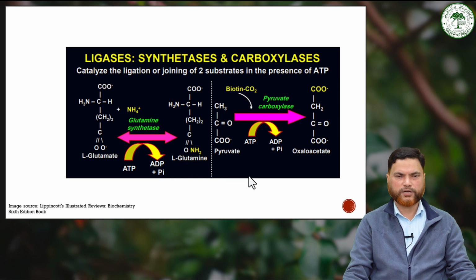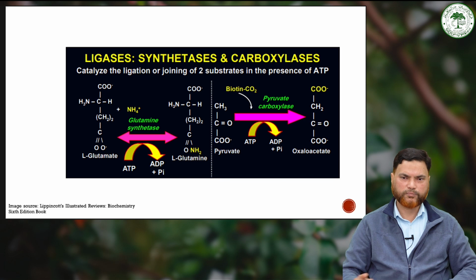Another example is pyruvate carboxylase. This catalyzes the condensation of pyruvate and carbon dioxide to form oxaloacetate in the presence of ATP. This is the first step in gluconeogenesis, the synthesis of glucose from non-carbohydrate substrates. So this is a very crucial enzyme catalyzing different reactions.